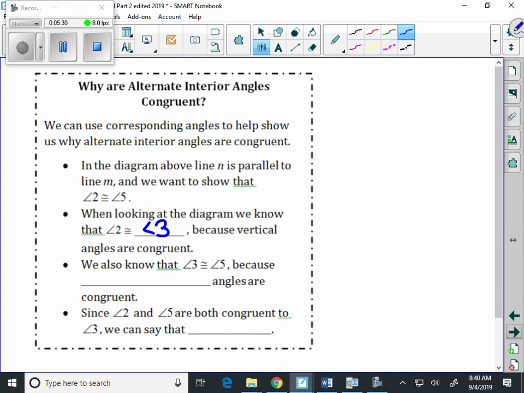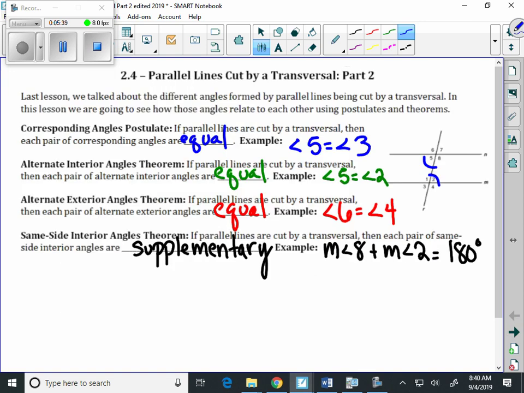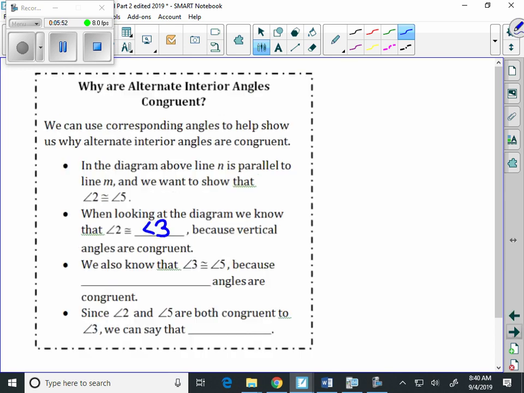We also know that angle 3 is congruent to angle 5 because of some reason. Let's look back at the picture here. Angle 5 is underneath and to the left of the transversal. Angle 3 is underneath the parallel line and to the left of the transversal. What we call those are corresponding angles, and they are congruent.